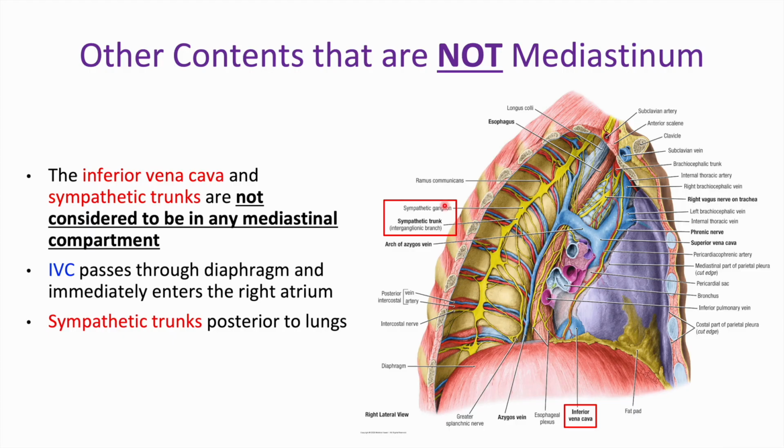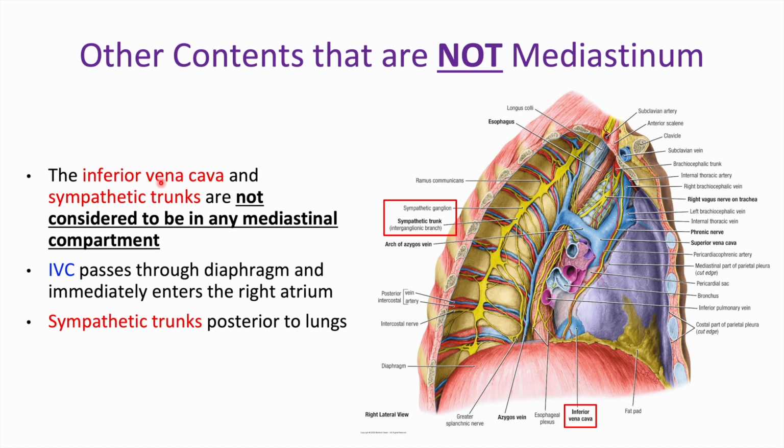Okay, and now there are a few other contents that are not technically in the mediastinum, but that are going to be in this thoracic region. And so first is going to be the inferior vena cava, as well as the sympathetic trunks. And so these are not considered to be in any mediastinal compartment. So remember these two. This is a really important distinction, that neither of these are in any of the mediastinal compartments.